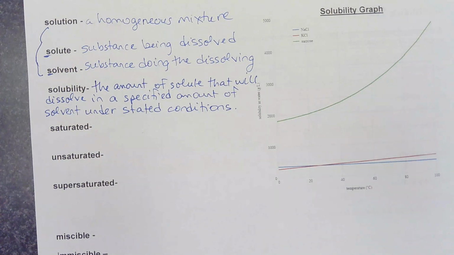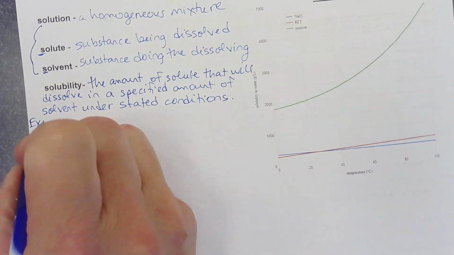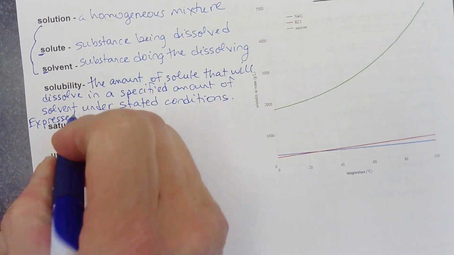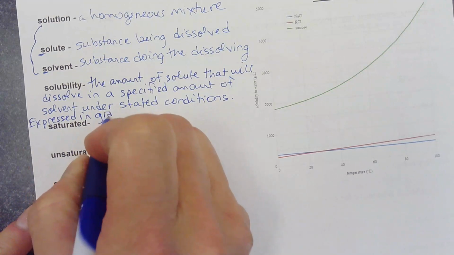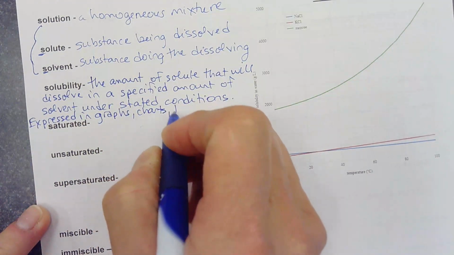Solubility is expressed in a solubility graph, a solubility curve, a solubility chart. So I'm just going to make a little note here, expressed in graphs, charts, tables.